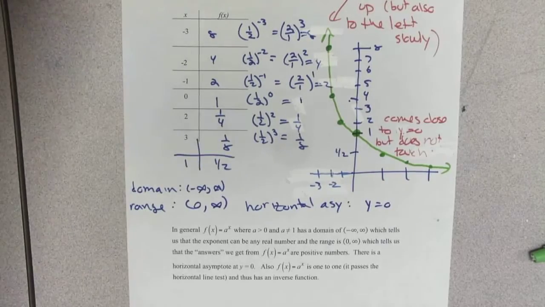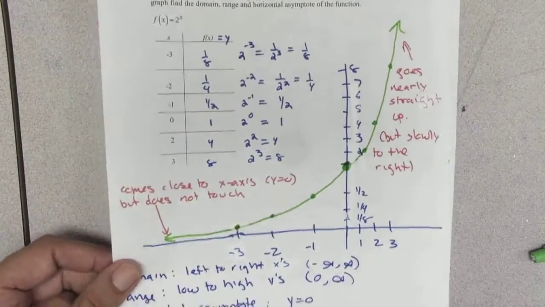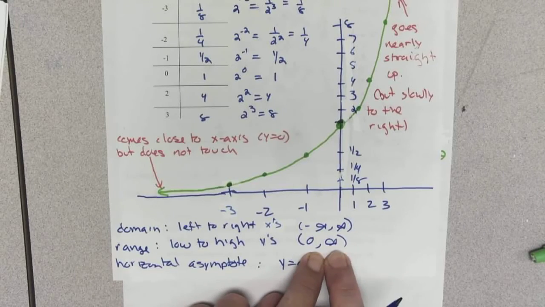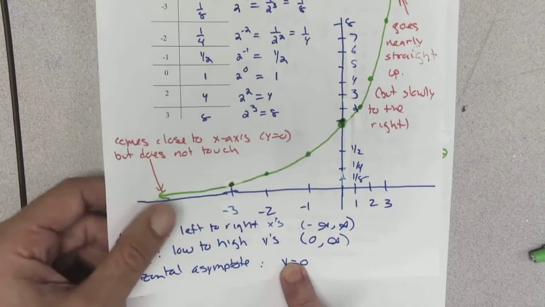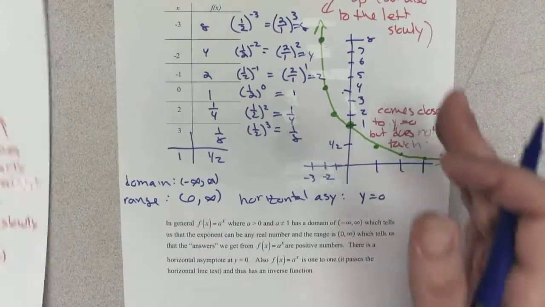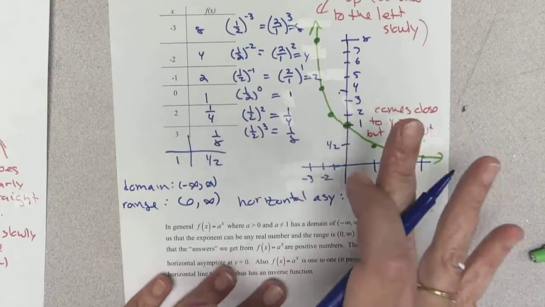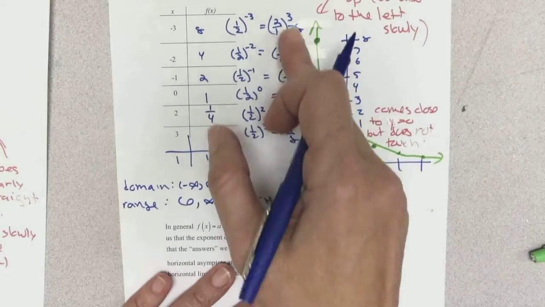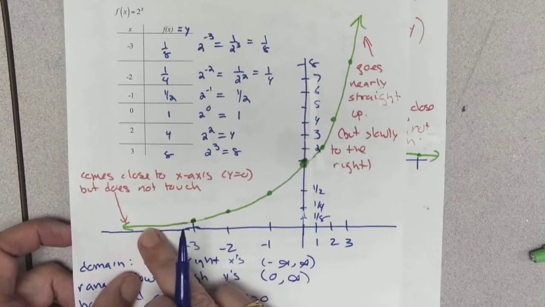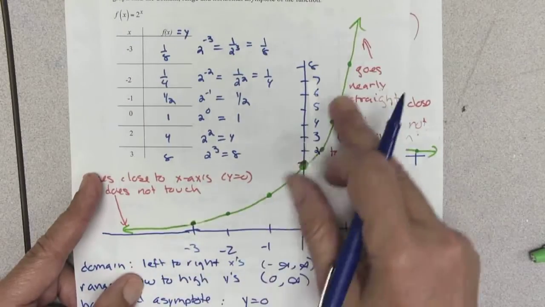So notice we have that same basic information that we did before: the domain was negative infinity to infinity, the range 0 to infinity, the horizontal asymptote y equals 0. Same thing here. The difference is that since this base was less than 1, still positive and less than 1, the orientation of the curve is this way. For a base greater than 1, the orientation of the curve is like that.